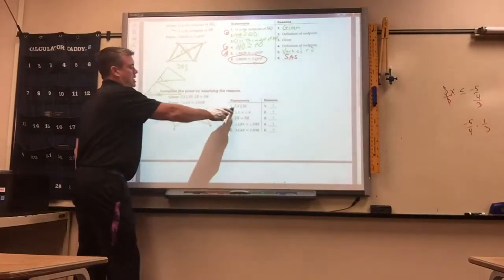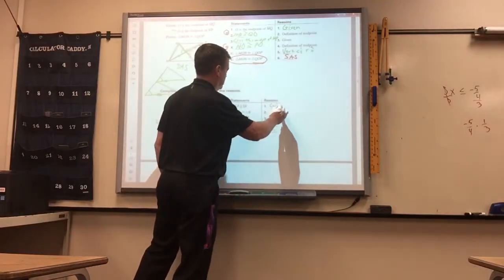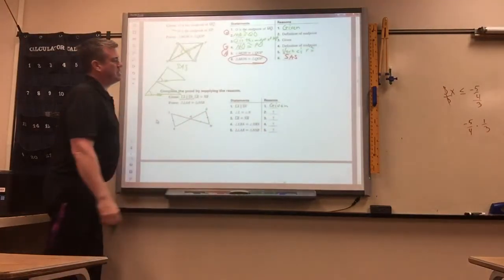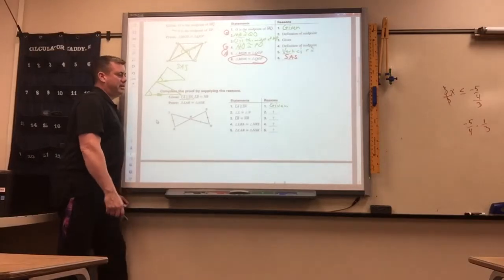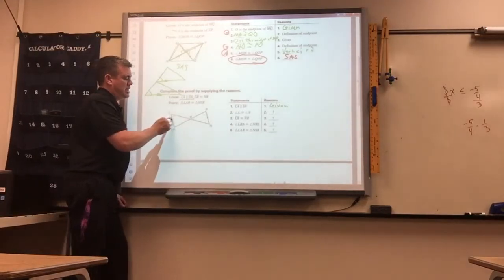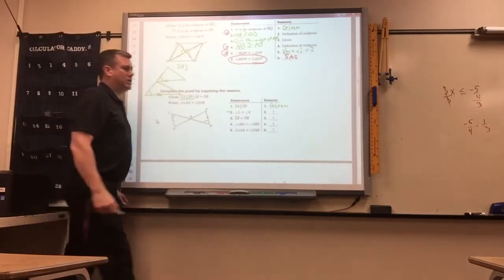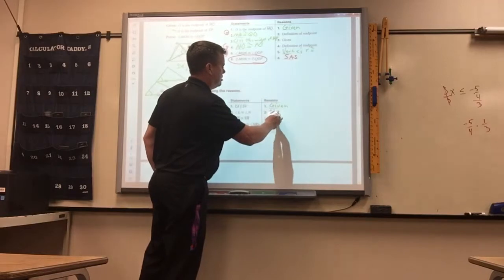They started off with the given, LA is parallel to SN. And then, how do we know that it says L is congruent to N? Alternate interior angles are congruent.